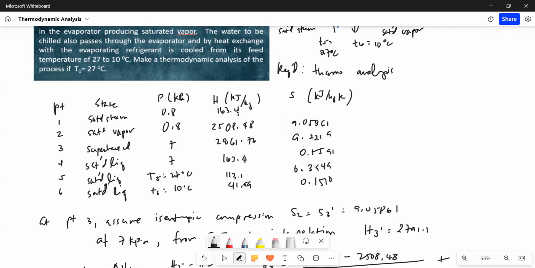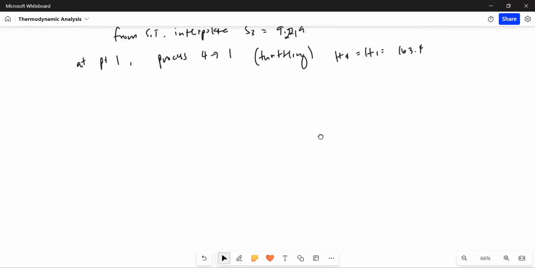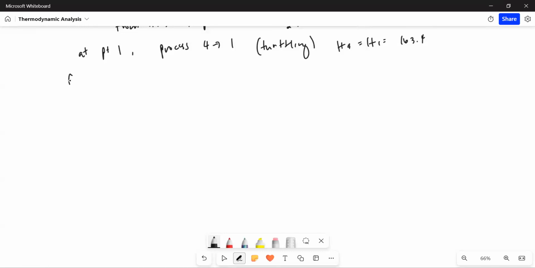And then we can now solve for the quality. We can solve for the quality from the steam table. The steam table at P1 equal to 8.8 kPa.